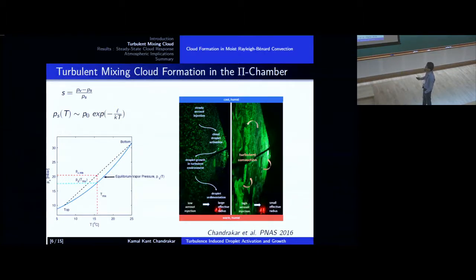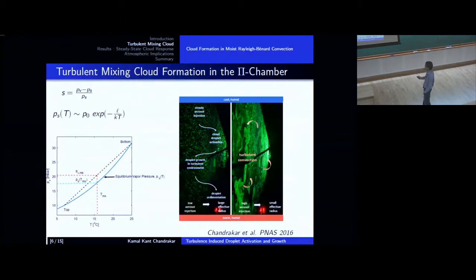If you have two air parcels at different temperatures, and both are saturated, they will lie along this saturation line. Once you mix those two air parcels, you'll have a vapor pressure more than the saturation value, because of the linear mixing compared to the exponential saturation curve.